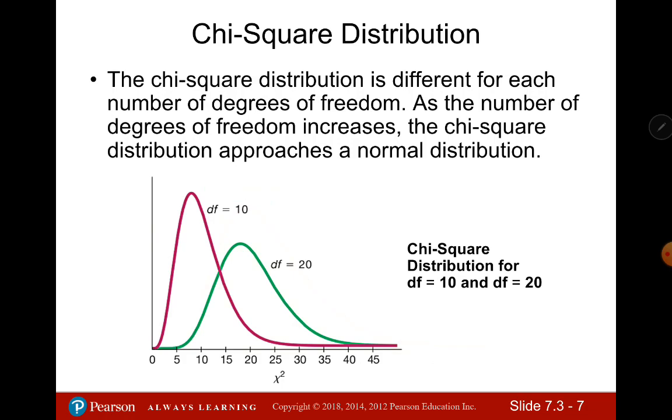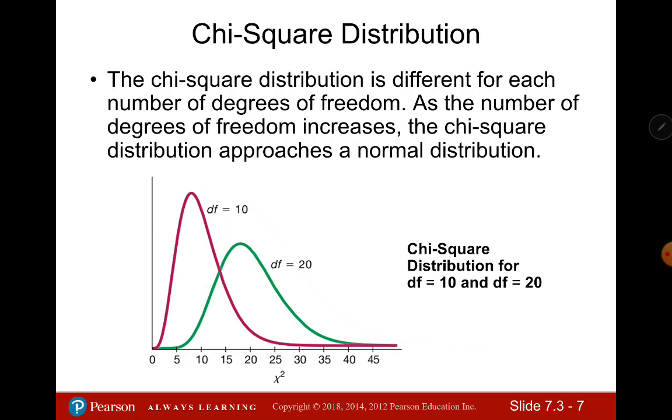For your t value or z value, it's possible to get positive and negative values. But for the chi-square table, always positive or 0, never negative. This curve shows you different degrees of freedom. The shapes are different for the chi-square distribution.